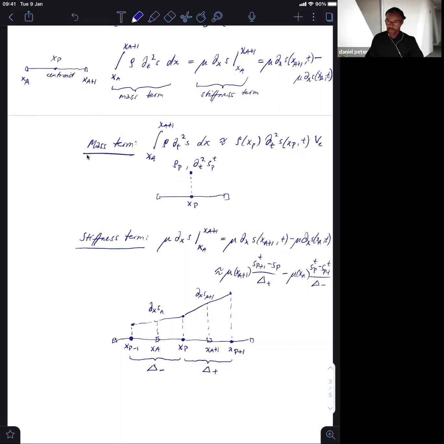So the naive approach here works if we assume that the displacement S is kind of a smooth function.